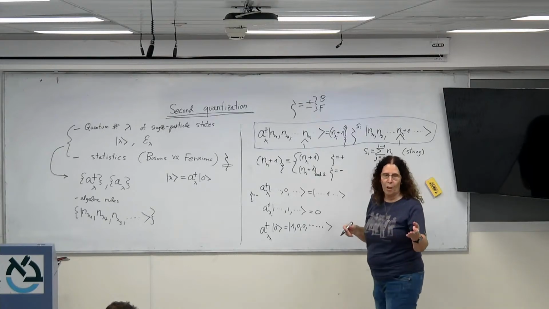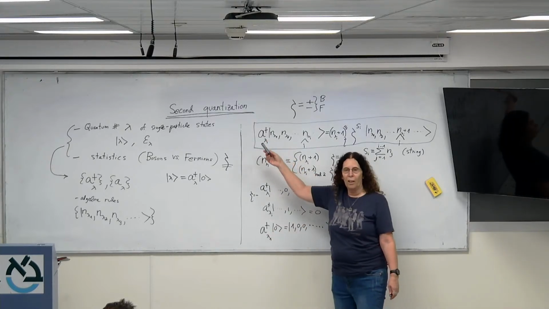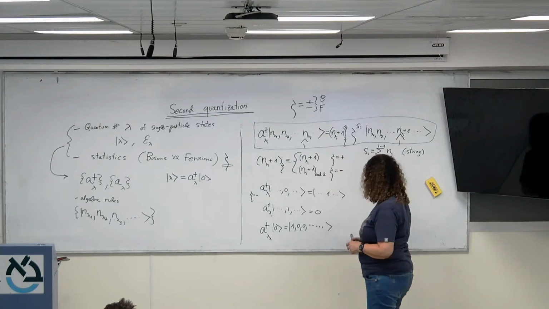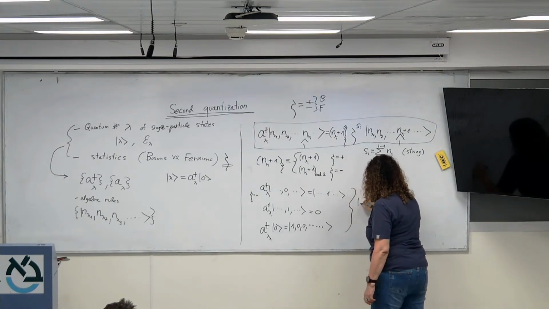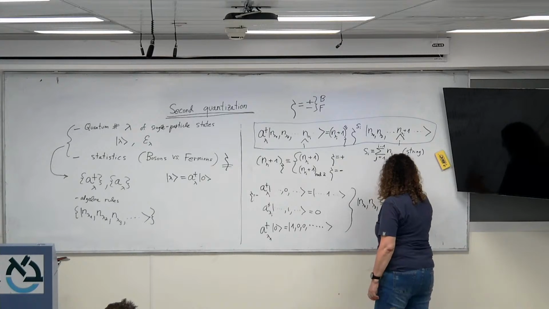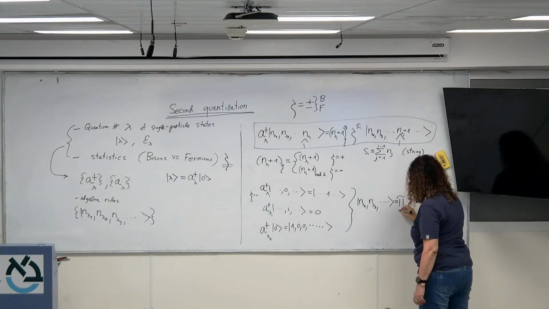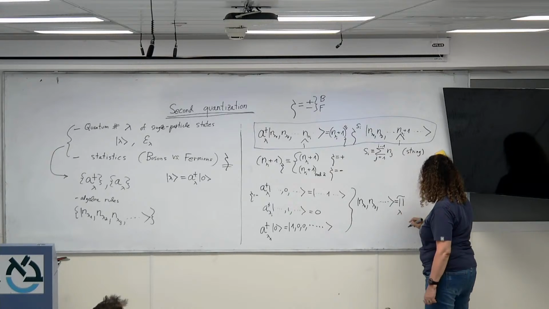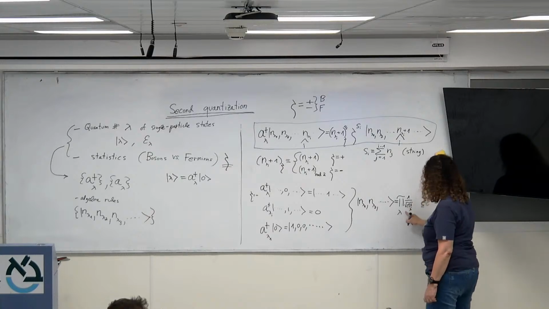Because if we're talking about bosons, when I apply the same a dagger more than once, I pick up non-trivial factors of n's, and eventually you can convince yourself that the state, just like what we saw for the case of the photon and phonon examples, we can write the most general basis state as a product over all possible lambdas of a normalization factor that is always of this form, right?